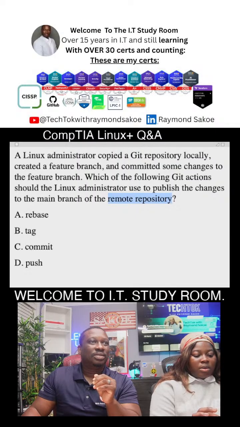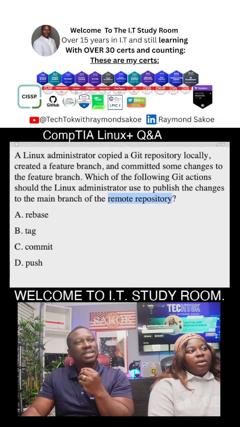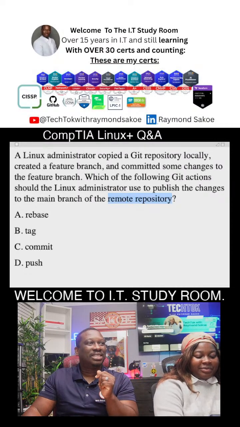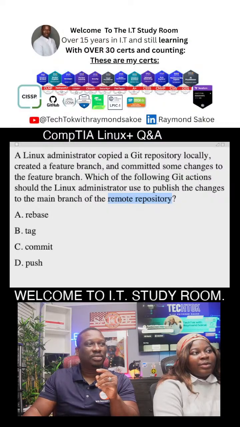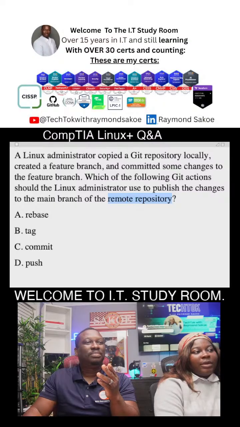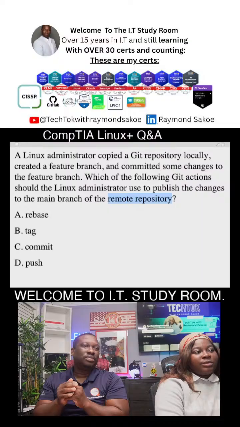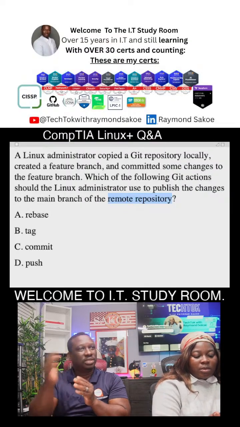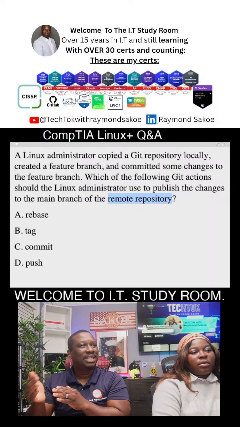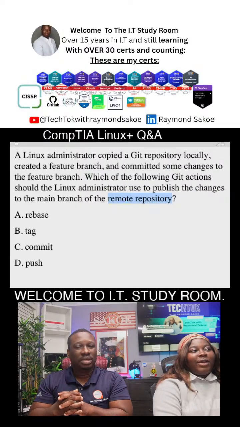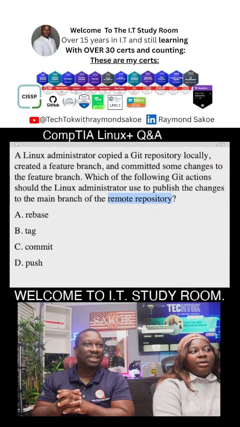What the commit is basically saying is, hey, I've made a few changes, and I want you to add those changes to the next push or update that I want to send to the remote repository, which usually will be GitHub or any of those Git repos.